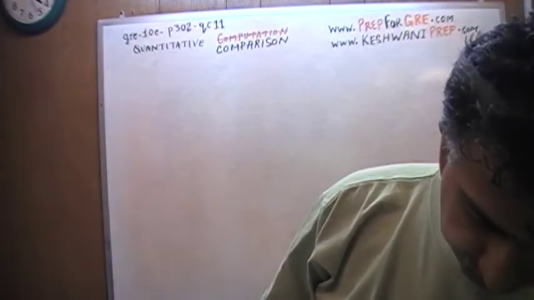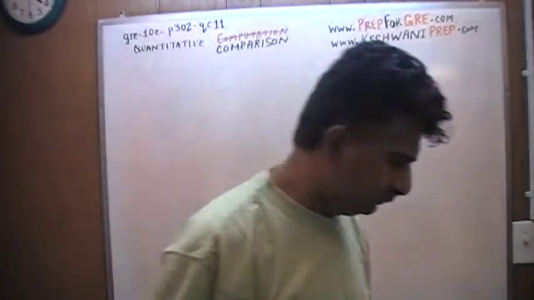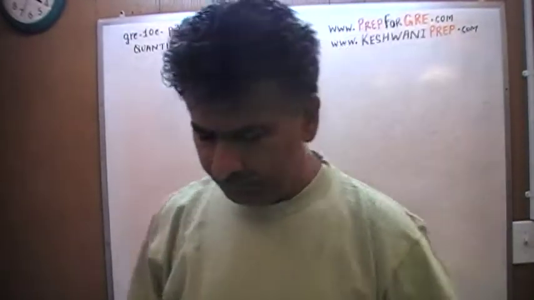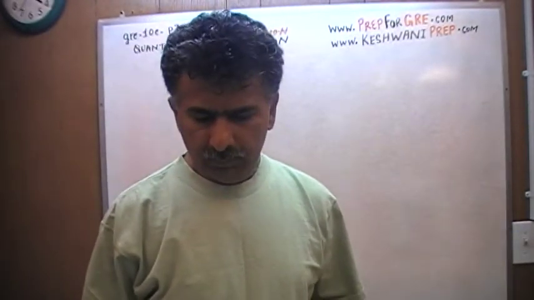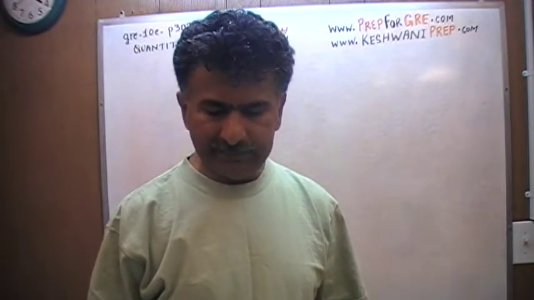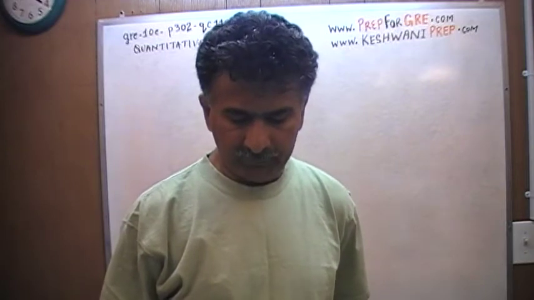So let's take care of it. Question number 11. It says the height of a right circular cylinder C. I do not know why they have this uncontrollable urge to christen the cylinder.